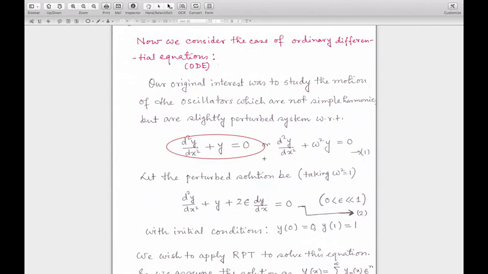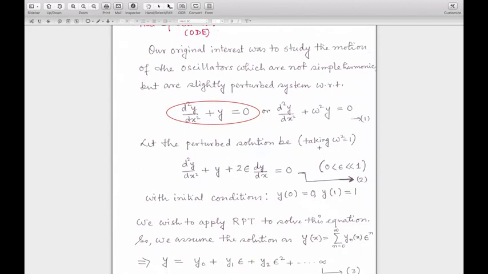d2y dx2 plus y is equal to 0. So we just consider one dependent variable y and one independent variable x. You can easily recognize this is equivalent to d2y dx2 plus omega square y is equal to 0, where omega is exactly equal to 1, right?